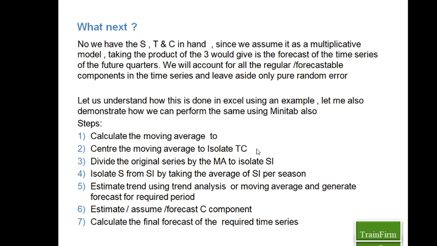Now that you have reached the 3rd step, you have got the TC component and you have got the SI component, right? The next task is to separate out seasonality from here. How do you do that? Isolate S by taking the average of the SI values for every season, right? Take the average seasonality index of every season.